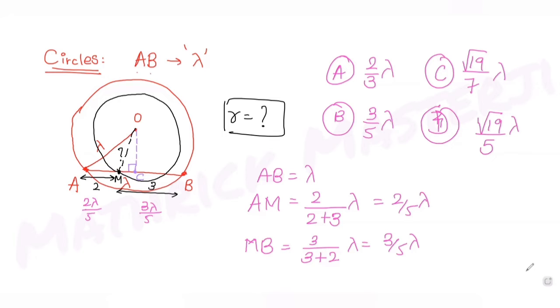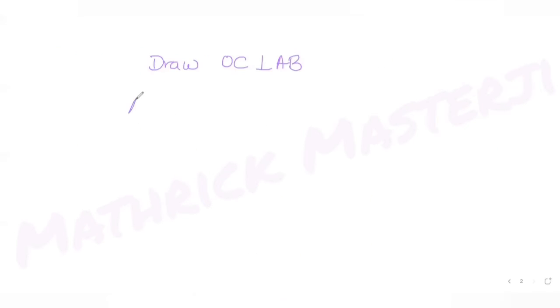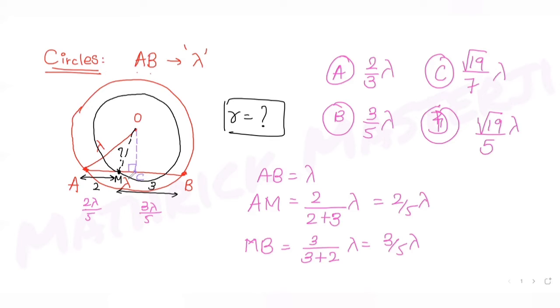So I am drawing OC perpendicular to AB. That divides the entire length of the chord, lambda, into two parts. So AC and BC are each half of that, lambda over 2.